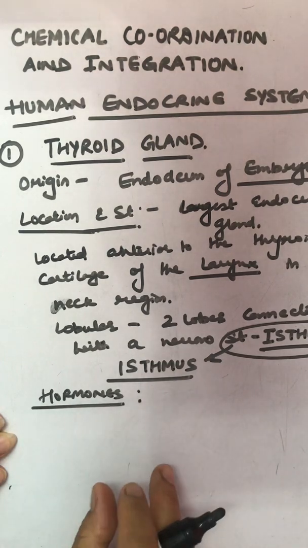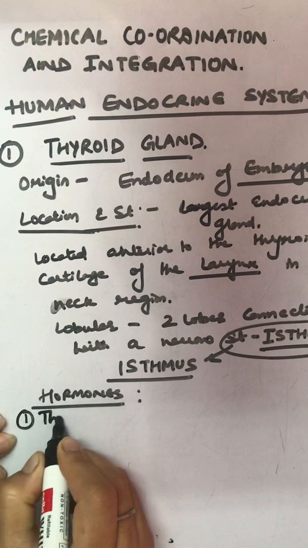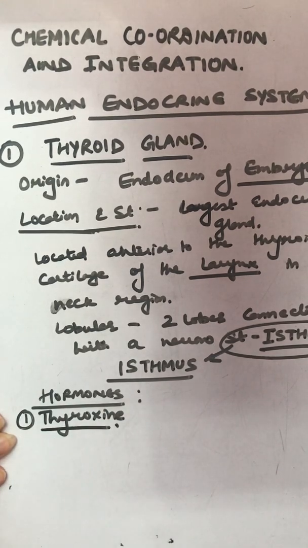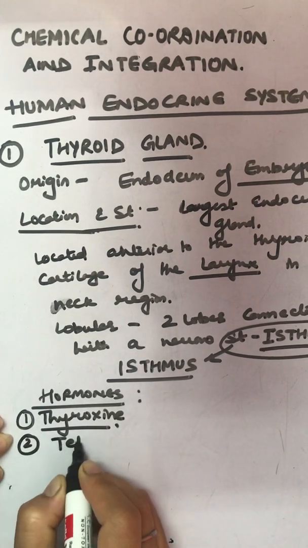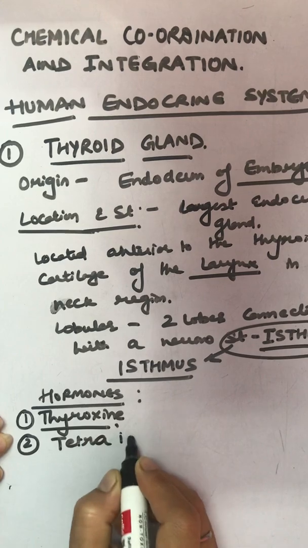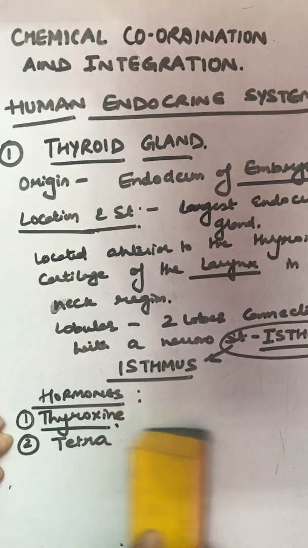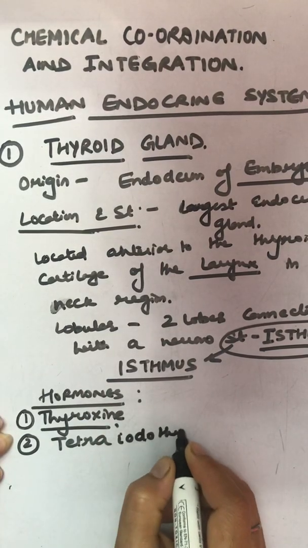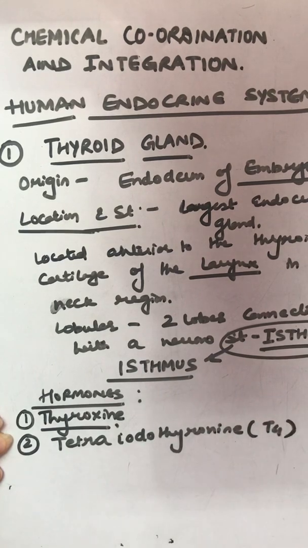When we talk about hormones, it secretes three hormones. The number one is thyroxine, tetraiodothyronine, and we call it T4.